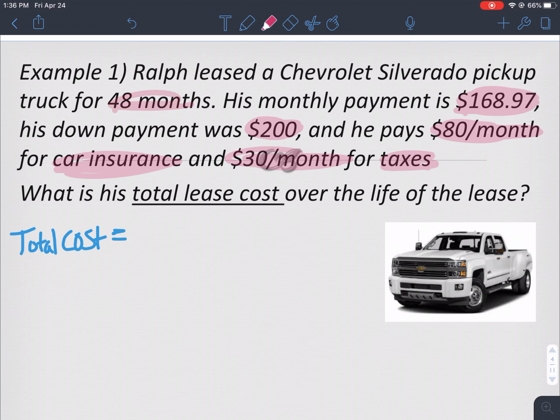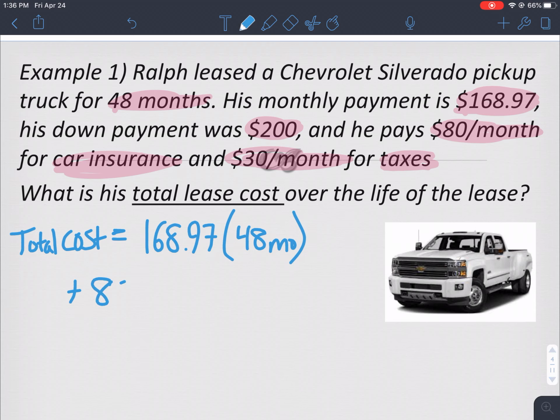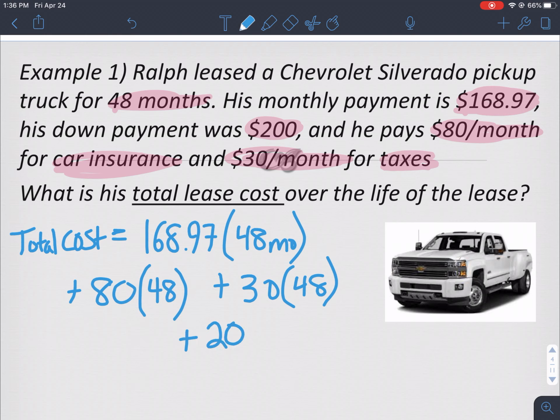This is going to be $168.97 times 48 months plus $80 times 48 months plus $30 times 48 months, and then we have to add in that down payment. Put all of this together, and we get $13,590.56.